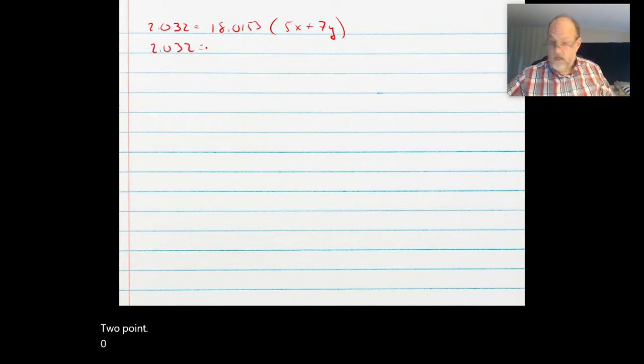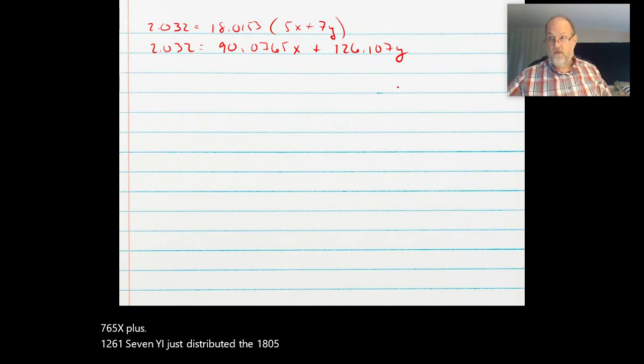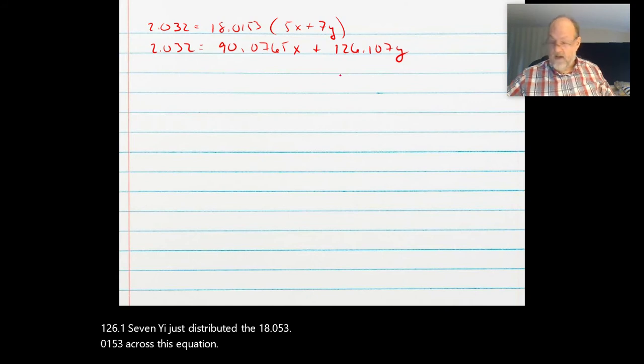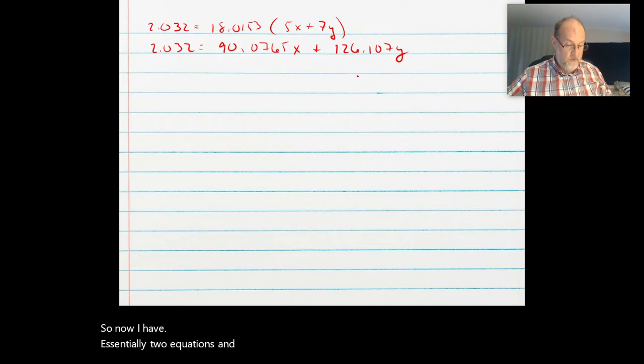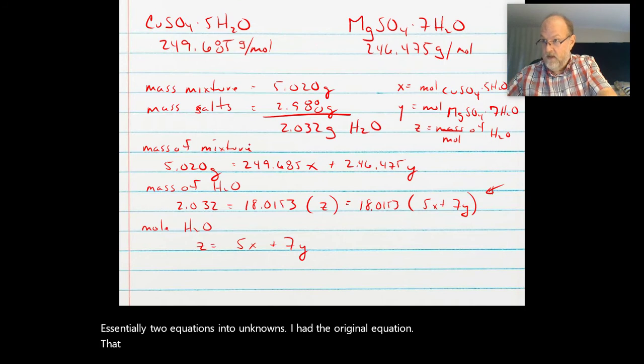So I get 2.032 equals 90.0765x plus 126.107y. I just distributed the 18.0153 across this equation. So now I have essentially two equations and two unknowns. I have the original equation, let me go to the previous page, that is right here.